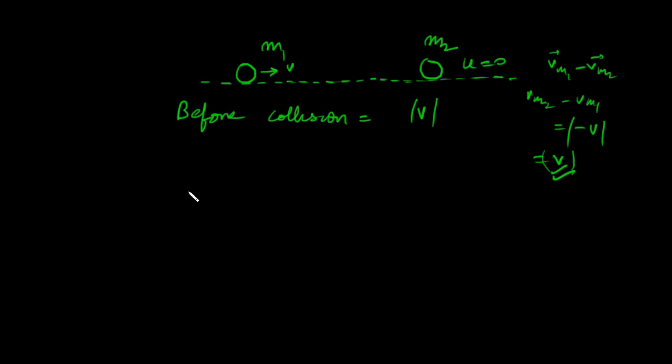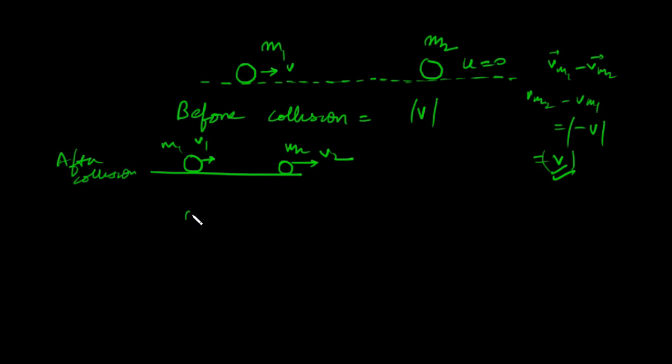Let us consider the case of collision now. When they collide, this is the figure after collision. Let us say m1 acquires velocity v1 and m2 acquires velocity v2. We all know momentum is obviously conserved over here, so m1v would be equal to m1v1 plus m2v2.